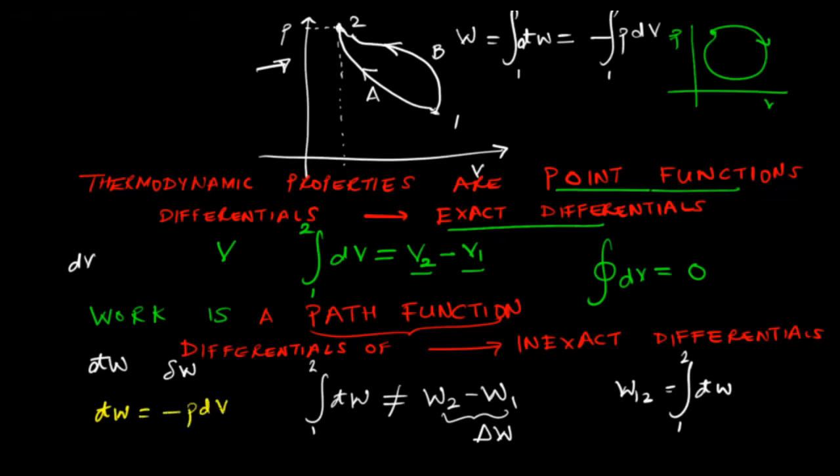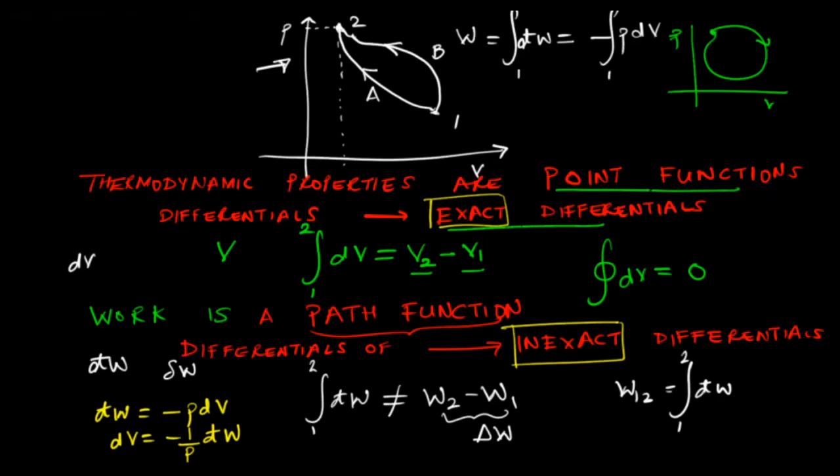minus P dV. In other words, I can write dV is equal to minus 1 over P dW. Note that on the left hand side, dV is an exact differential, whereas dW is an inexact differential.